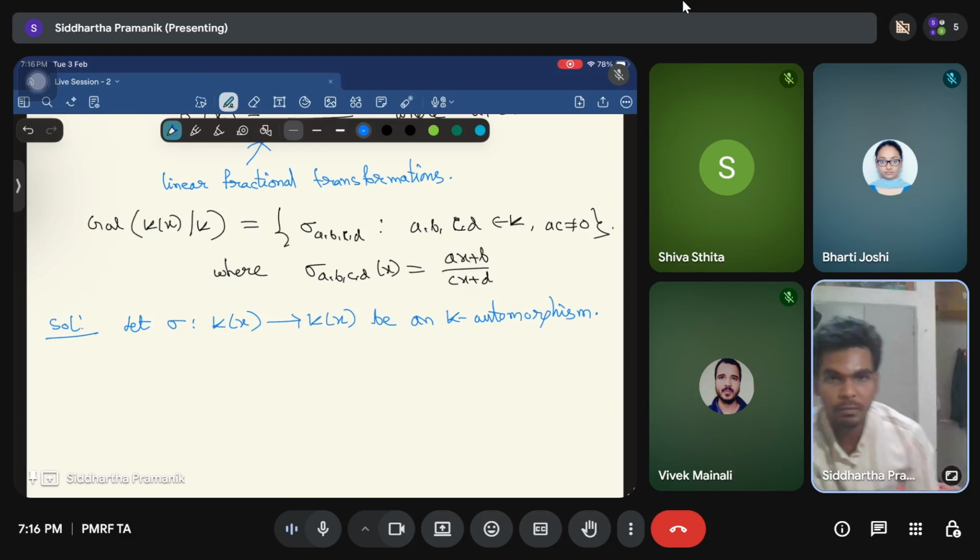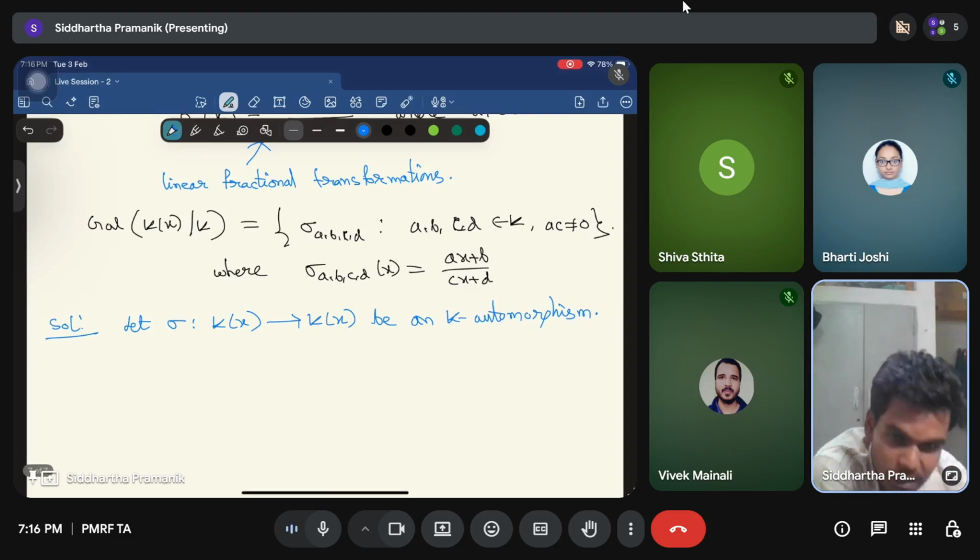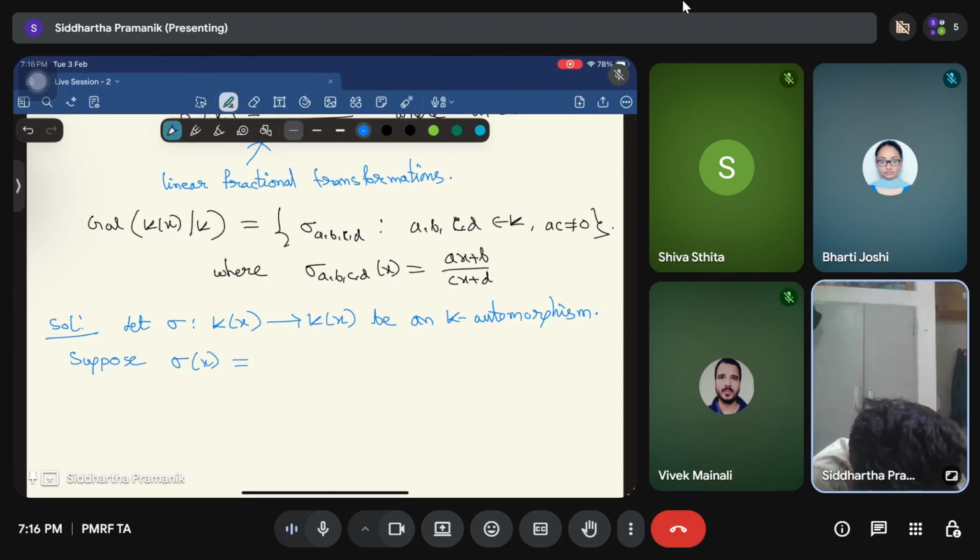Now what will be the image of x under this automorphism? That has to be some rational function. So suppose the image of x under sigma is some p(x) by q(x), right?